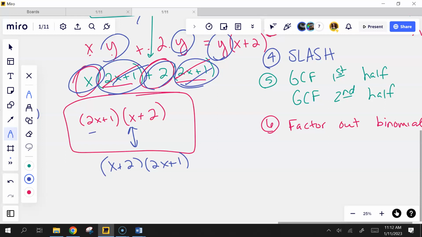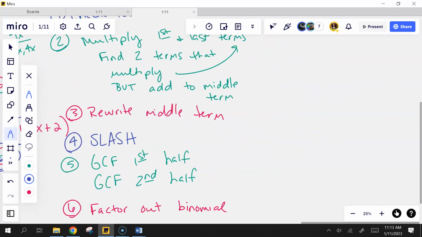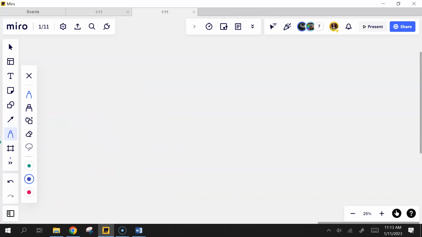You write it one time in front, slash it out, and then what's left, x plus 2. Let's do another. No, because after you GCF it, then you have to go through and factor it. I'll do one like that in a minute. Let me get this one.